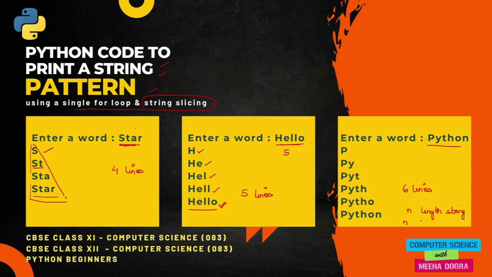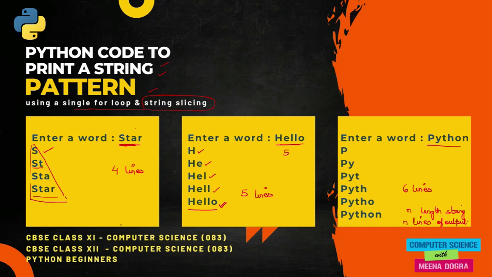The first line will begin with the first character and the last will end with the whole string. So this is how we are going to generate this pattern, and this time we'll keep it flexible. No matter which string the user enters, we'll get the desired output.